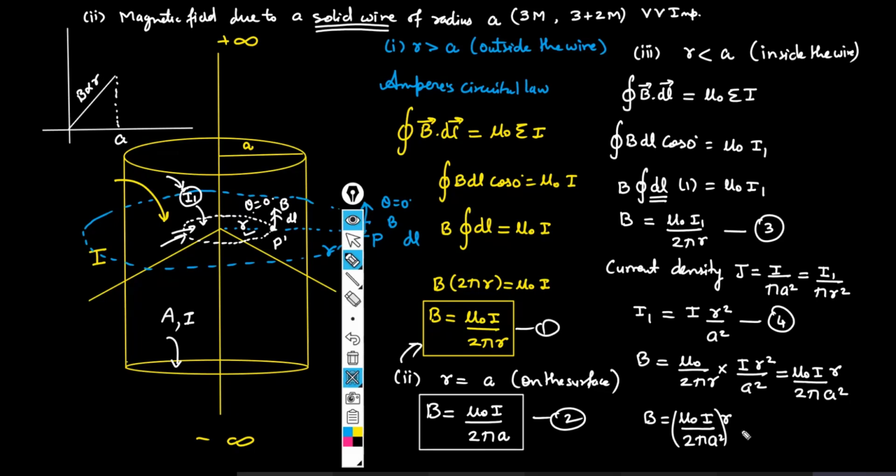You can see the last formula here. B proportional to r. And beyond that, it is decreasing. Outside, it is inversely proportional. You can see equation number 1. It is giving B inversely proportional to r. So it will decrease rapidly. So this will be the graph between distance and magnetic field.